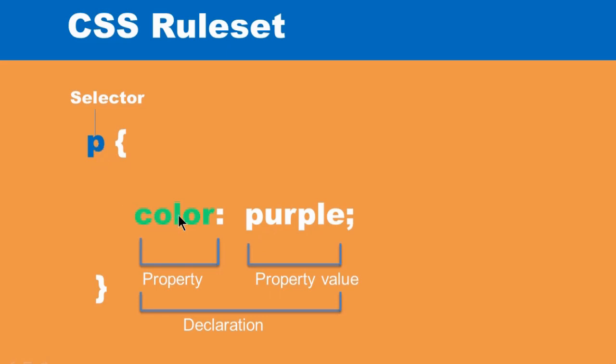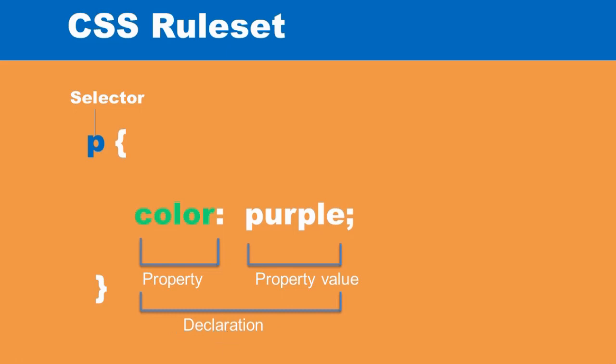I'm changing the color property to purple. Okay, so that's how you do it, and when you finish, you have to end it with a semicolon. The semicolon is very important because it tells the CSS rule set that this is the end of this declaration. So the entire thing here, from the color property to the property value, is called a declaration.